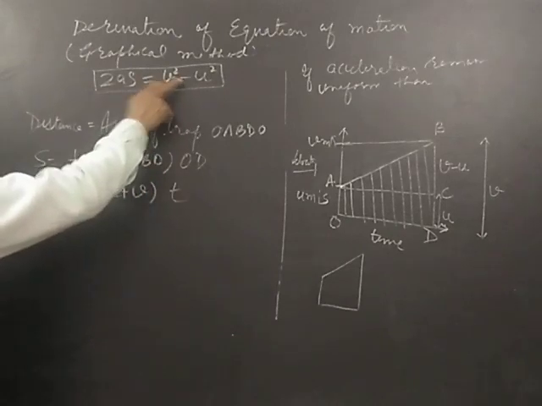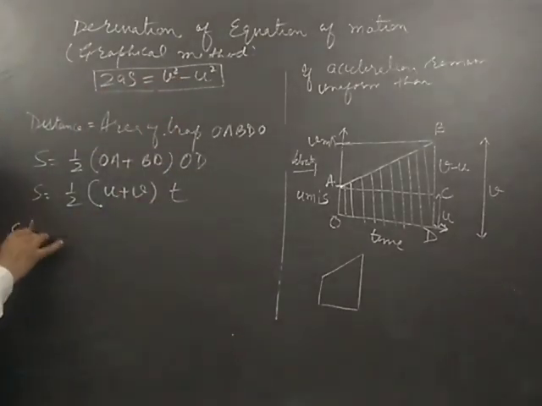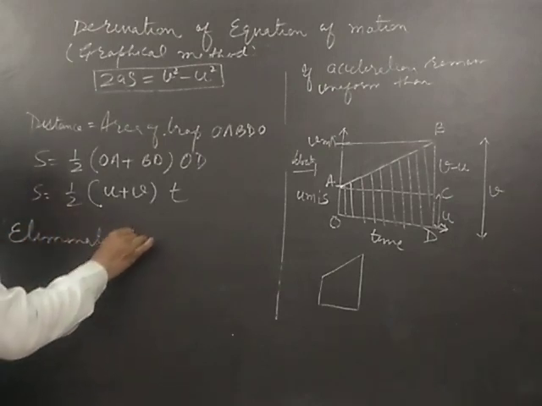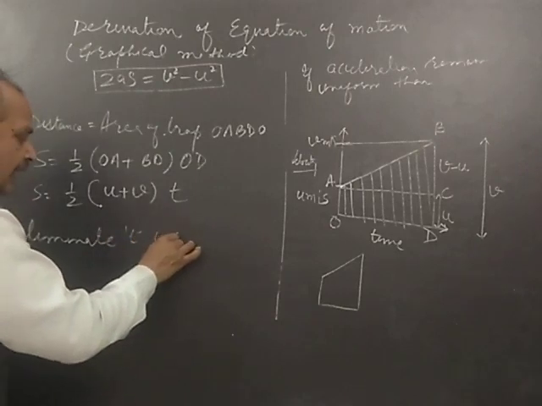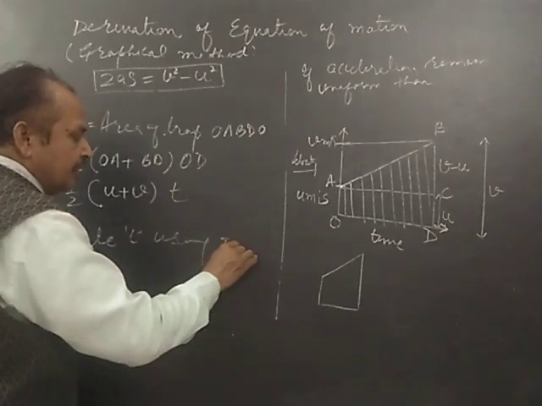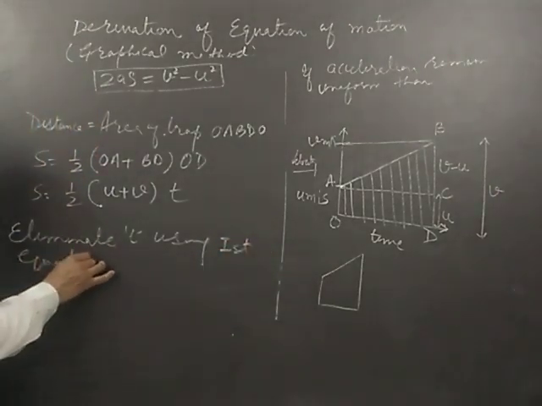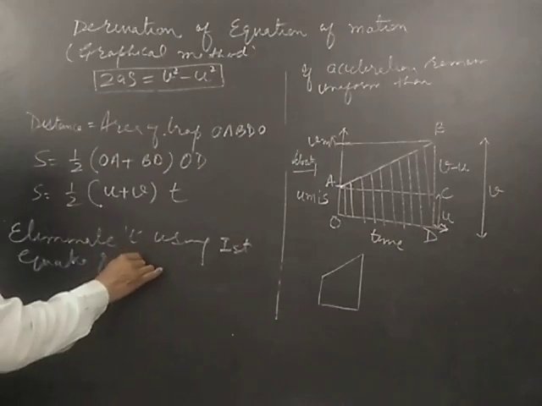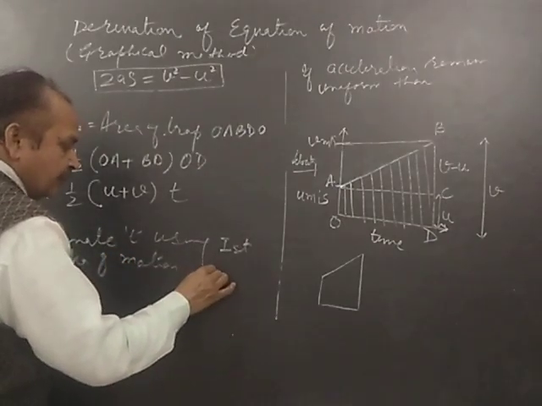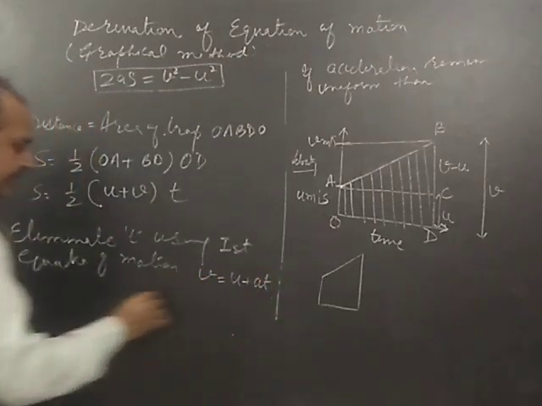Because we don't want T in this equation, we will eliminate T. So what we will write? Eliminate T again by using first equation of motion. And what is that? V is equal to U plus AT.